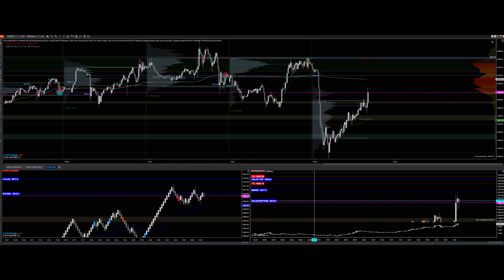We are not accepting above, but we are on the 5 minute having some long wicks below. So that means that there is definitely some buying pressure. Also on the footprint, we see some really good buying pressure right underneath that 6010 level.